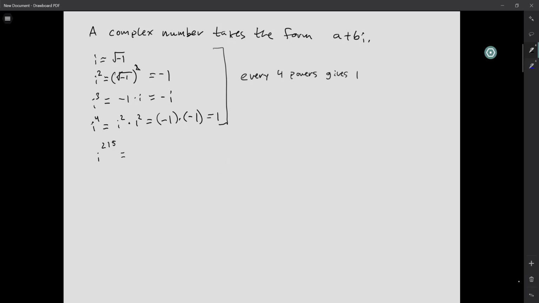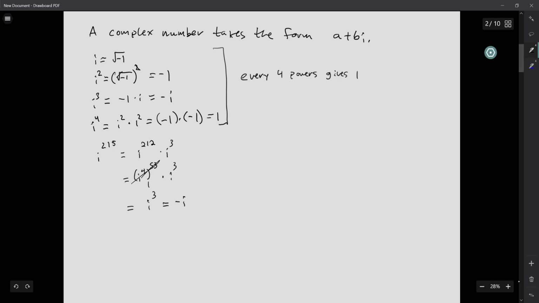So I could actually split this up to i to the 212, because I know that one is a multiple of 4, times i cubed. That's i to the 4th to the 53rd power times i cubed. This part is just 1, leaving me with i cubed, and up here I know that that's going to be equal to minus i. So the powers of i will always simplify like this.